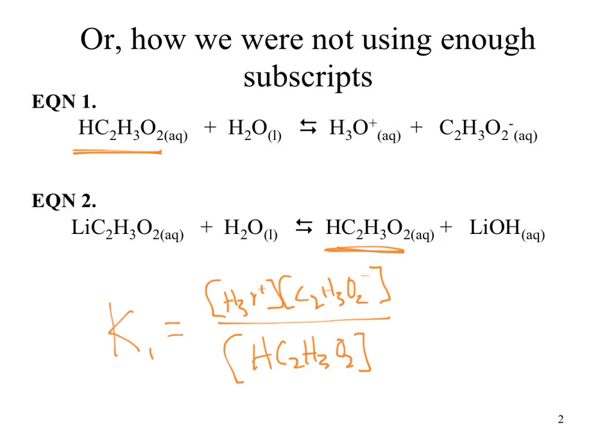All right, if we went through and did K2, would we get the exact same thing? Let's take a look at what K2 would generate. K2, what are our products? Times the concentration of, we could write the lithium hydroxide, add the lithium in there if we wanted to.